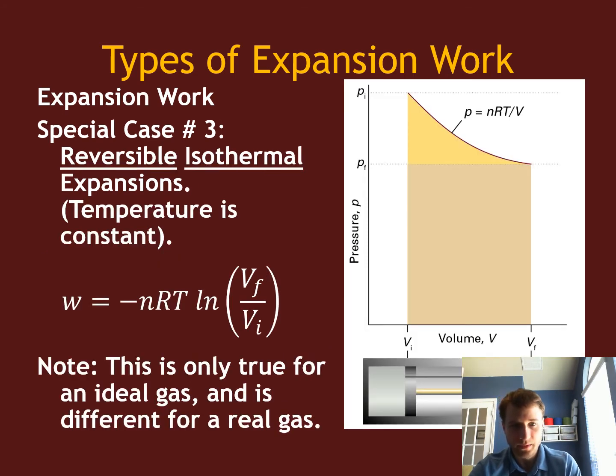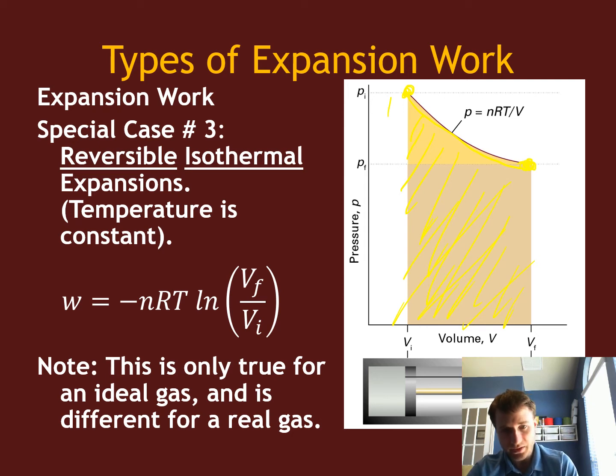So if we look at that pictorially, again, the amount of work that's being done is this area under the curve, but now I'm going from some initial pressure and volume to some final pressure and volume, where my external pressure changes with the change in my internal pressure. And so now the work that's being done is the area under this curve here.